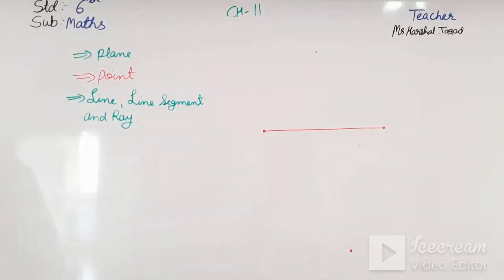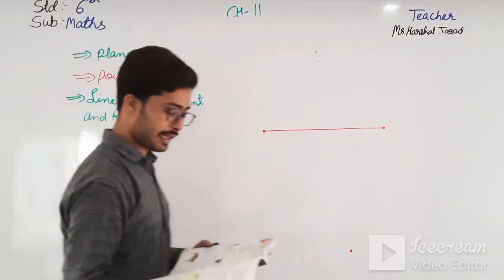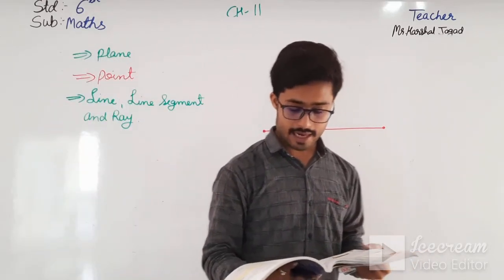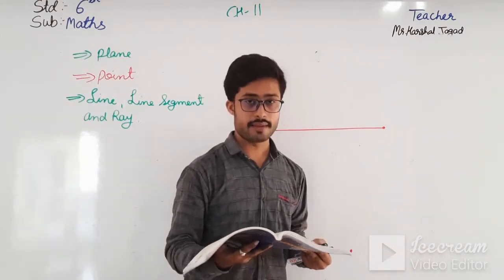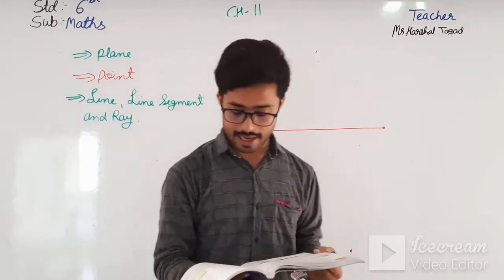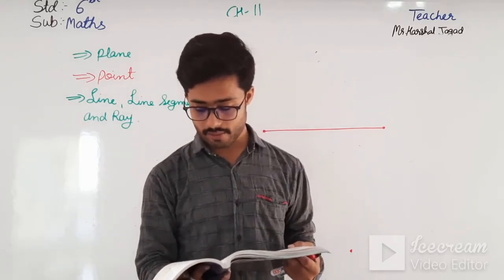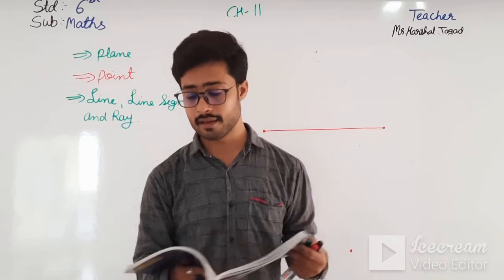So here you can see a line is given, and then after that a line segment is given, and then after that rays are given. So here ray RQ or ray QR, all these are given, and then comes the angle.